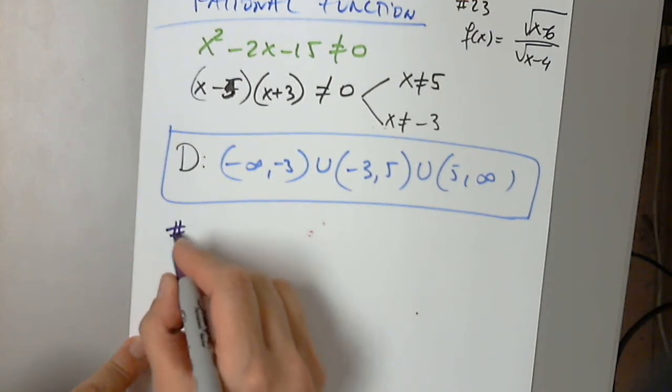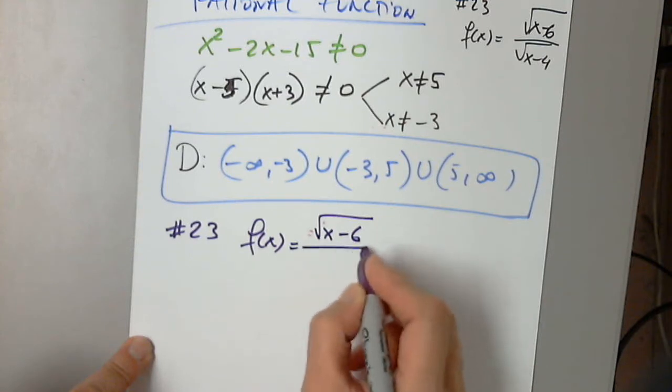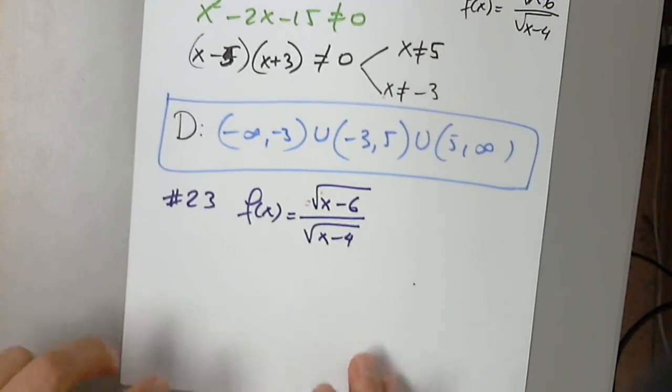Now, when we look at 23, if you have questions, please stop me. Let's discuss this function now. So what do you think about it? What is it? Well, the answer is a combo.